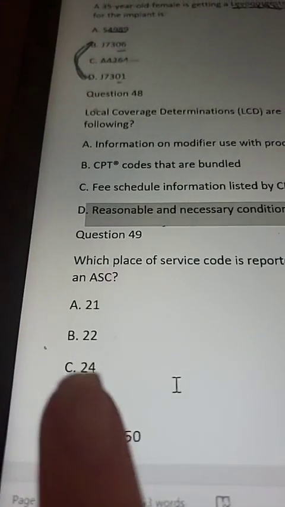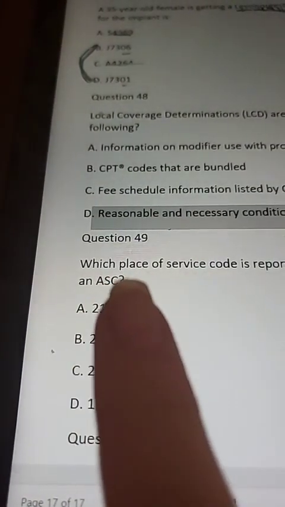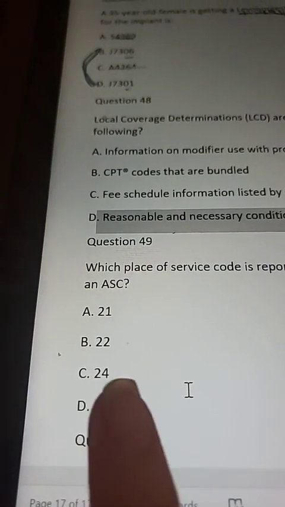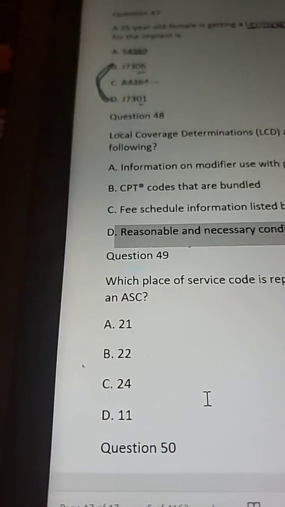D is for an office visit, and we're at a surgery center. Ambulatory surgery center. So which is the location? It's not D, because D is like a doctor's office.